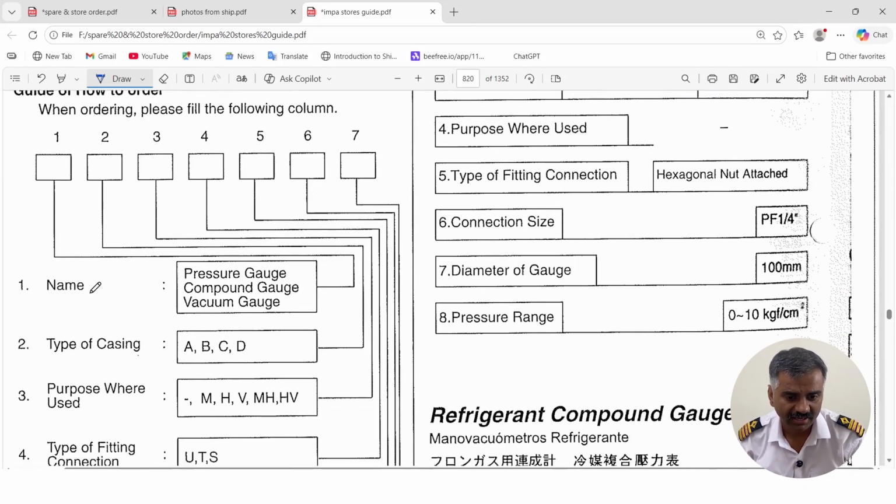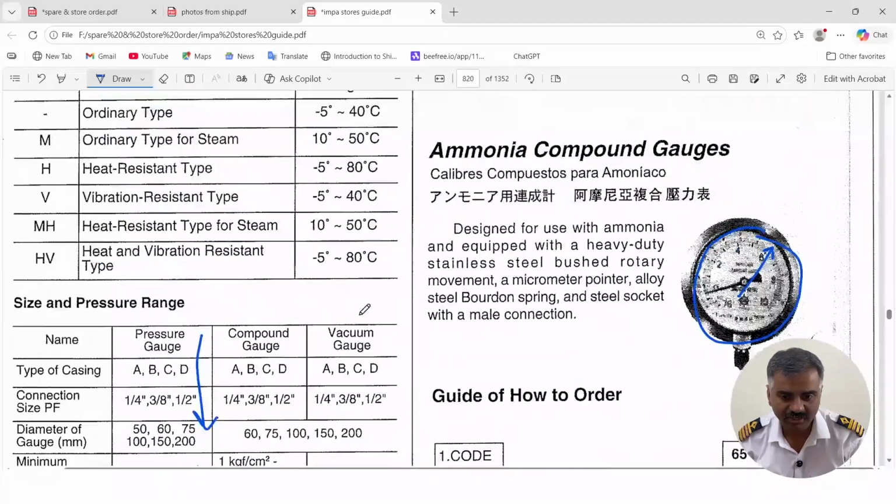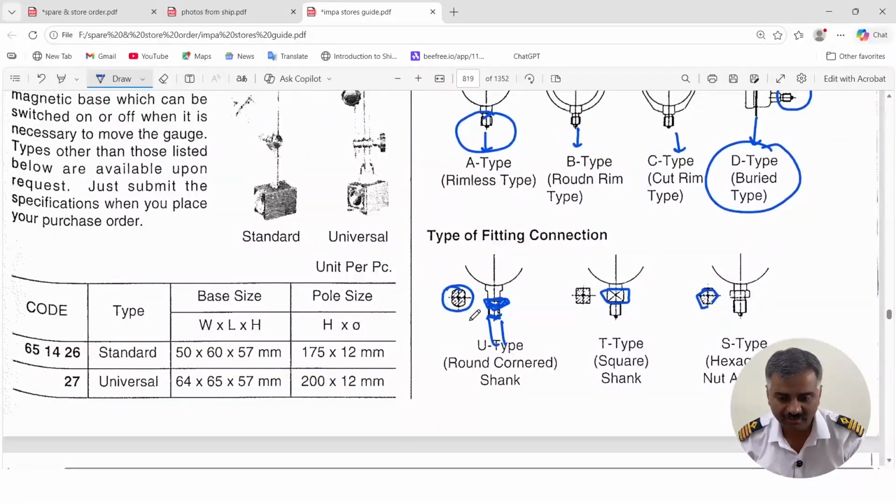Number 1, name of the type of gauge: pressure gauge, compound gauge or vacuum gauge, which one you need. Then type of casing, A, B, C, D, the rim type. Then what is the purpose it has to be used for, whether heat resistant type, steam type, vibration type. Type of connection: square type, U type, T type, S type.